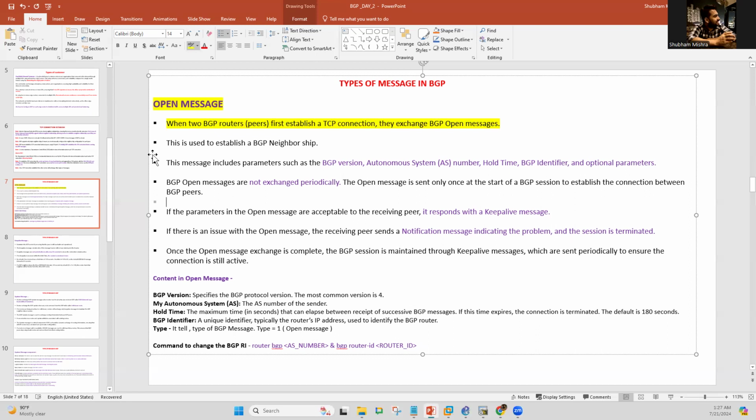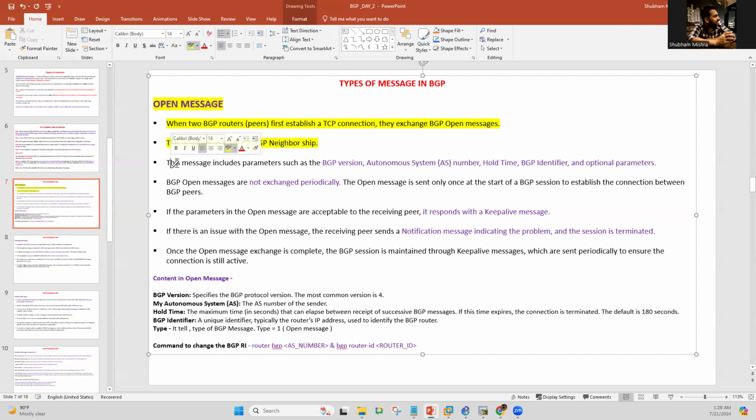And I already told you this message is used to establish a BGP neighborship. Why? Because in open messages, routers exchange multiple neighborship parameters, and when both routers agree on those parameters, then the BGP neighborship will be established. Otherwise, no. Now again, you guys will ask, "Sir, what are the parameters, or what is the content inside the open message?"